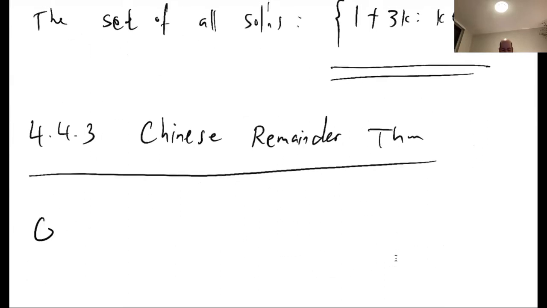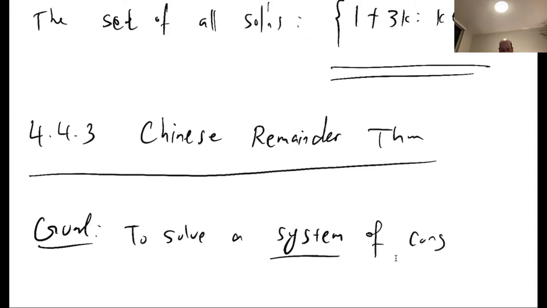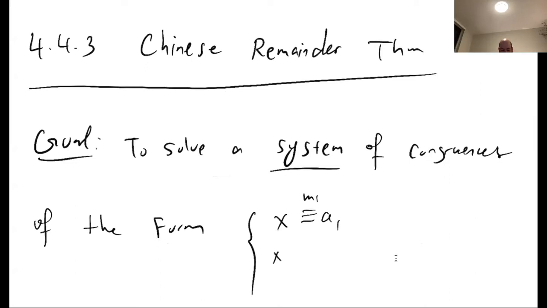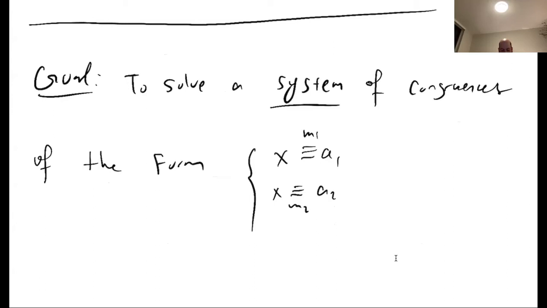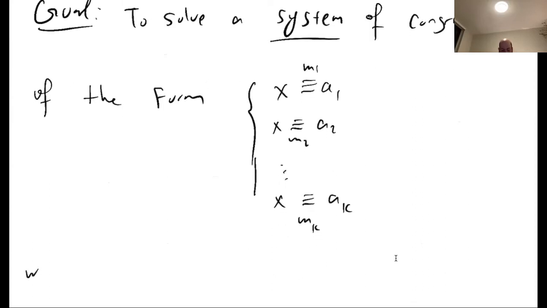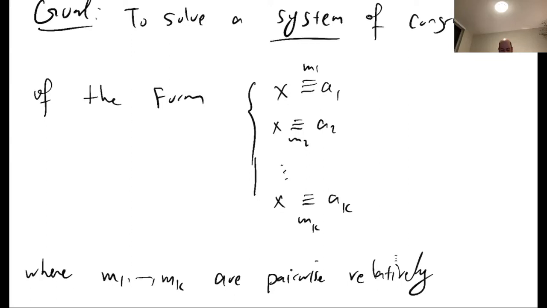So the goal here is to solve a system of congruences of the form, let's say, x congruent A1 mod M1, x congruent A2 mod M2, all the way to x congruent AK mod MK, where M1 to MK are pairwise relatively prime.